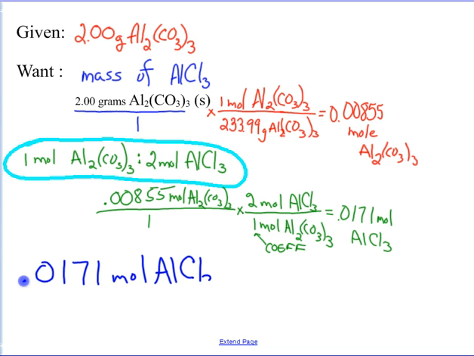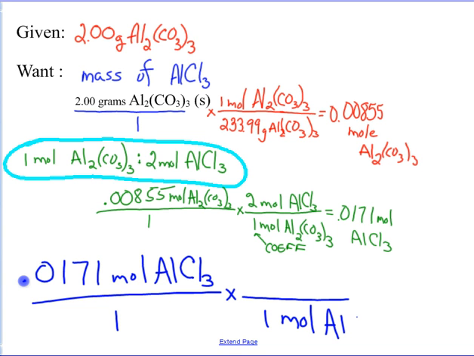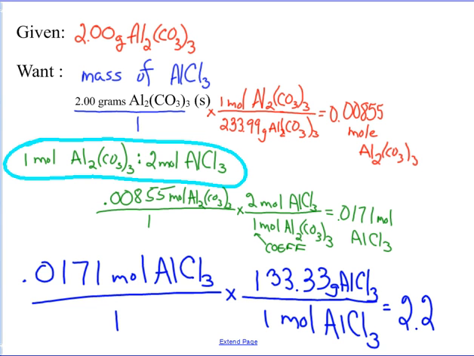Oh yeah, we know how to do this, right? I look up the molar mass of aluminum chloride, calculate it to be 133.33 grams of aluminum chloride. Doing the math then gives us a predicted mass of product of 2.28 grams of aluminum chloride.